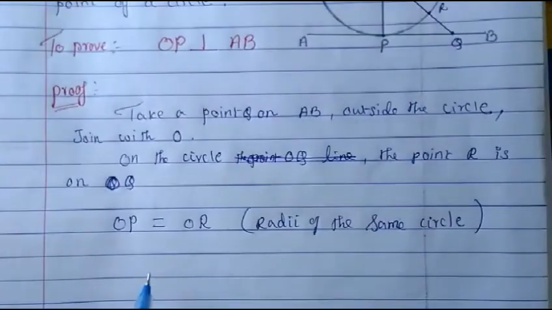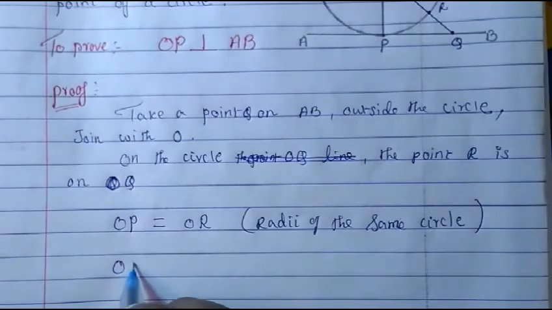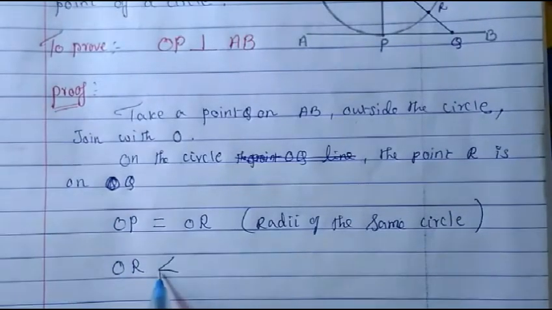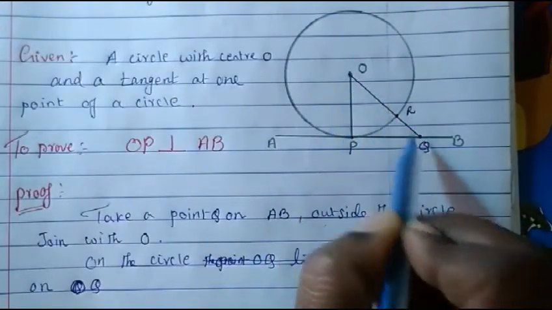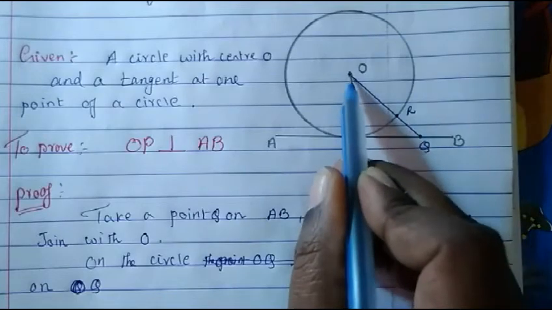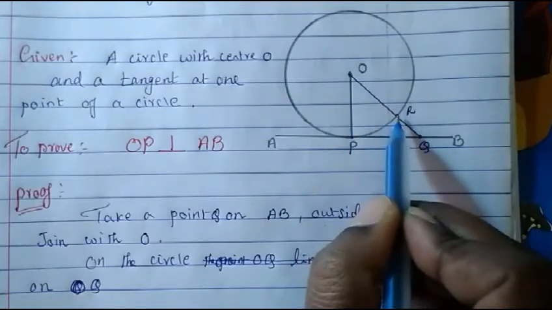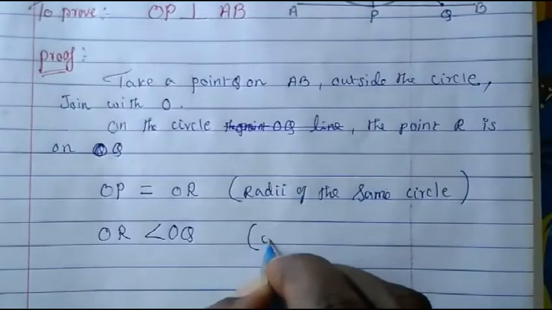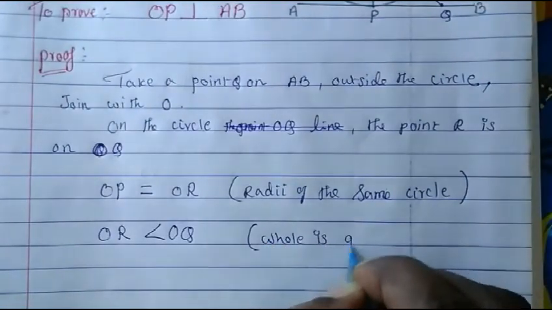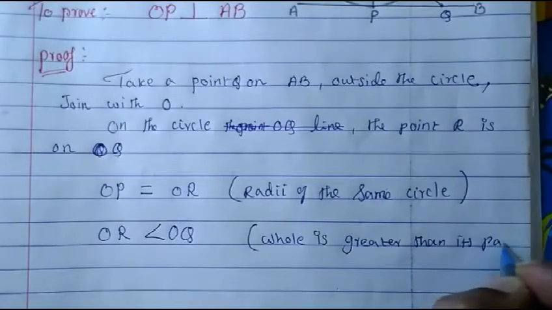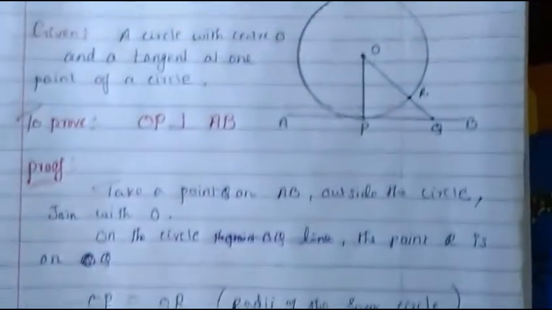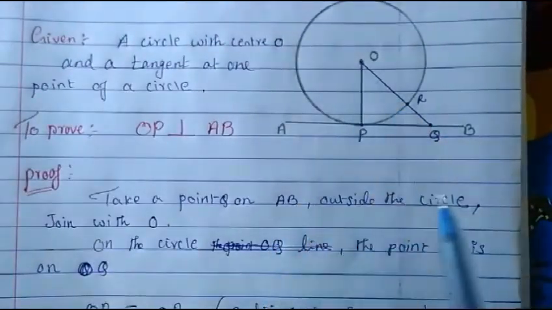Next, OR is smaller than OQ, because OR is part of OQ. The whole is greater than its part, so OQ is greater than OR.